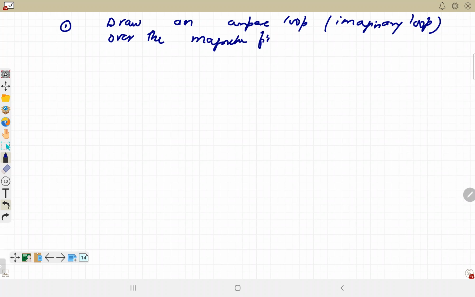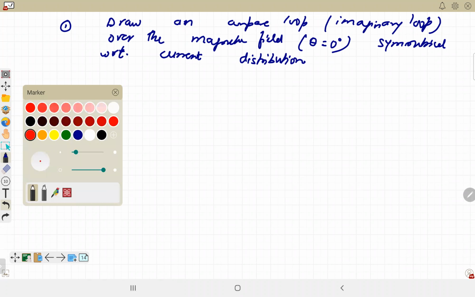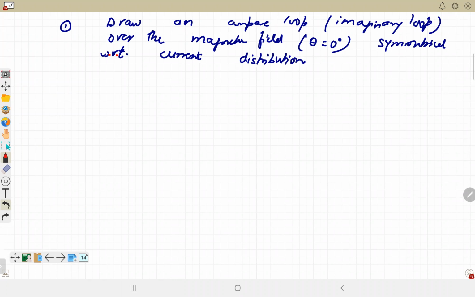Because only if it is on the magnetic field line, B and dl both will be in the same direction. Theta will be 0, and that dot product we can take as B dl. Symmetrical with respect to current distribution. Right?